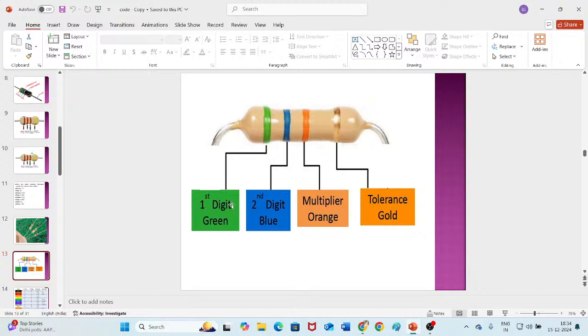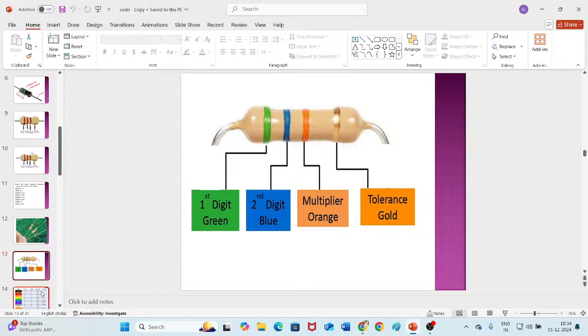This is digit 1, this is digit 2, this is the multiplier, this is the tolerance. For 4 band, the fourth one is the tolerance, the third one is the multiplier, and the first two are digit 1 and digit 2. The colors are green, blue, orange, and gold.